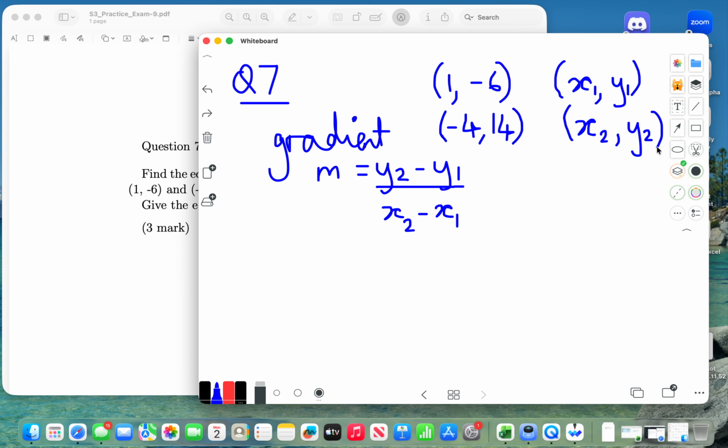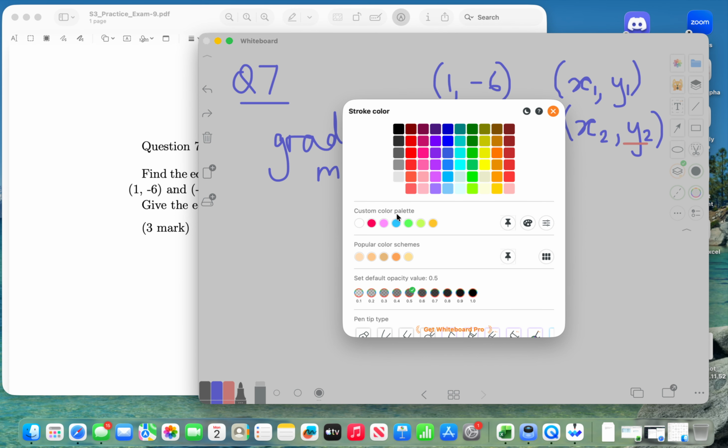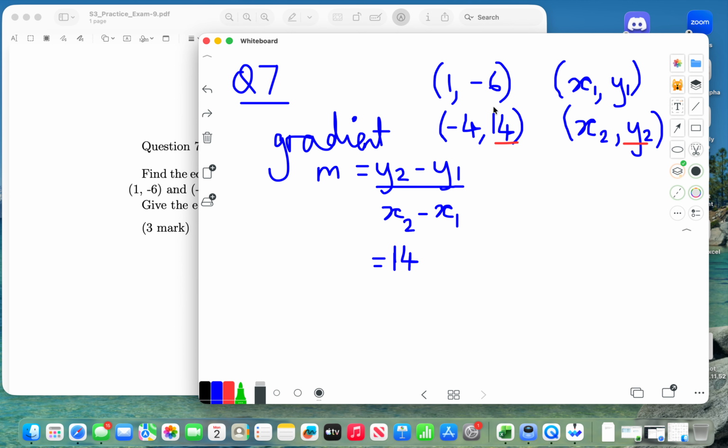And let's substitute in. So y2, if we have a look at the second point, the y coordinate, 14, we get 14. So y2 is 14. Then y1, I'm going to do this in green. So y1 is minus 6. That's 14 minus 6.